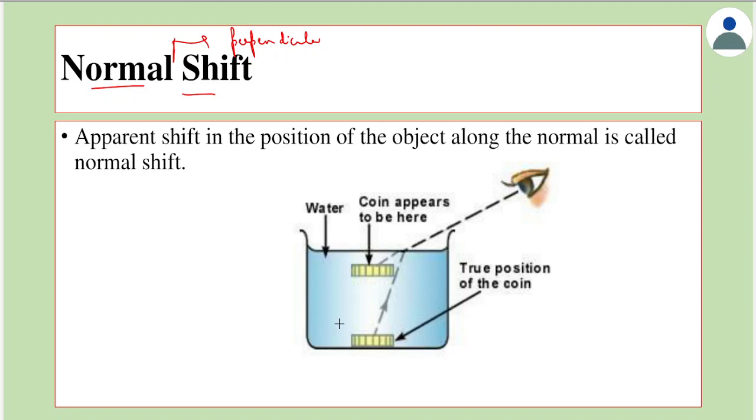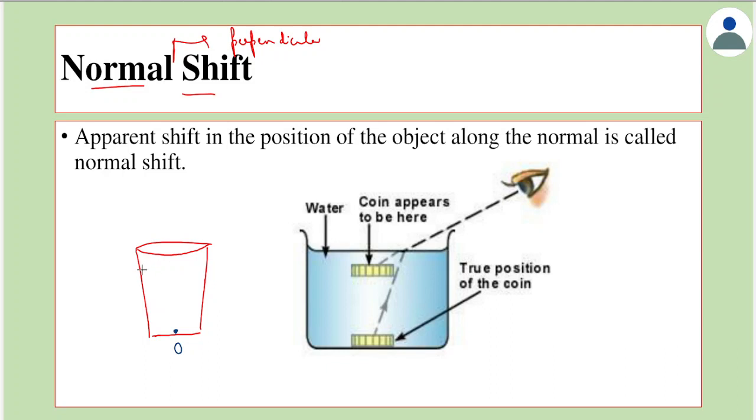To understand this, let us recall an experiment which most of us would have done in school days. If we place something, for example a coin, at the bottom of this glass, and see from the top, the coin would be at its original position.